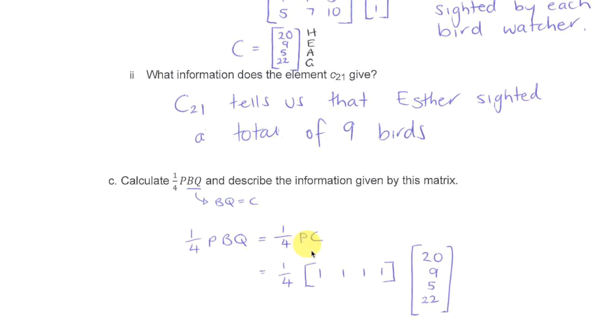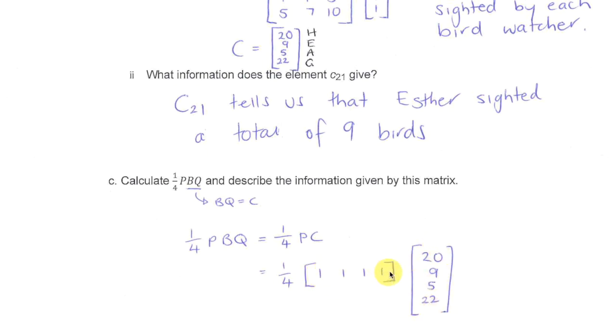Matrix P is this row matrix here, and then we've got a quarter, a scalar, out the front. So this here is a 1 by 4 being multiplied by a 4 by 1. It is possible to do the matrix multiplication because the two inners are the same, but the answer matrix will be a 1 by 1, so just one large number.